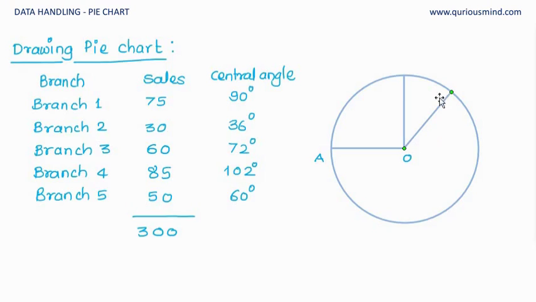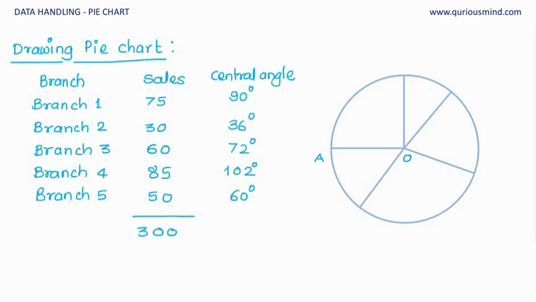So every time the reference point is going to change to the latest radius which you have drawn. Next one which we have is 102 degrees and the reference point will be the new radius which we have drawn. So we have drawn all these angles and that's why we call them central angles. They are drawn at center.